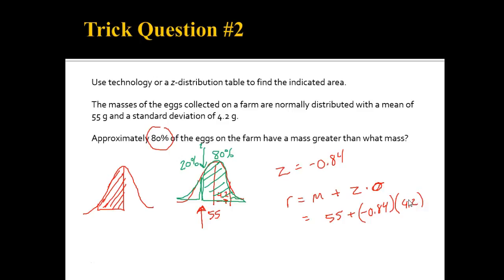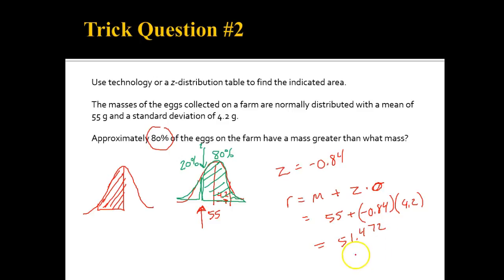Notice that the z-score is negative, so we're actually going to end up effectively subtracting 0.84 times 4.2. Okay, and then we're going to subtract, and it's going to be negative 3.528 plus the mean, which is 55, and that equals 51.472.